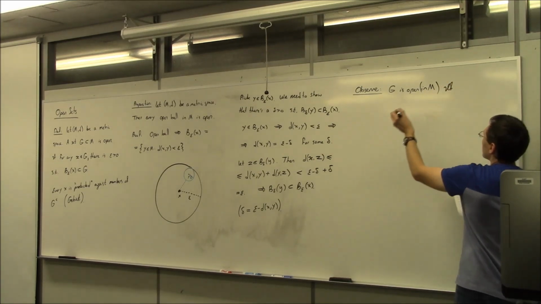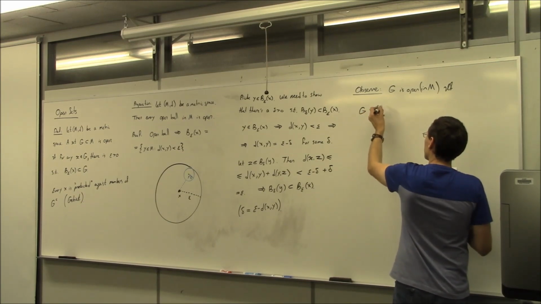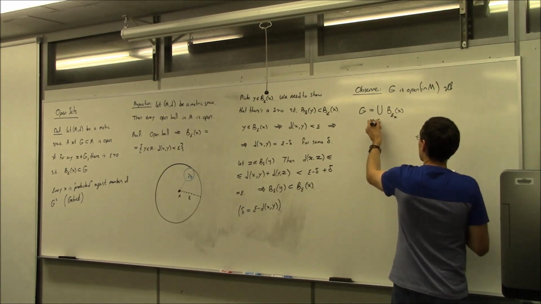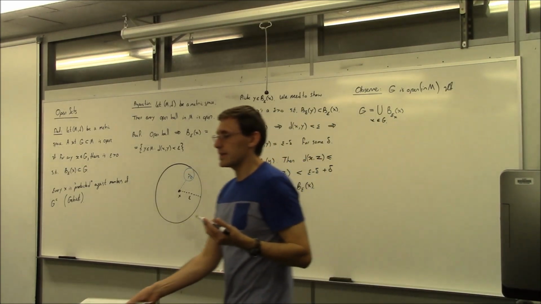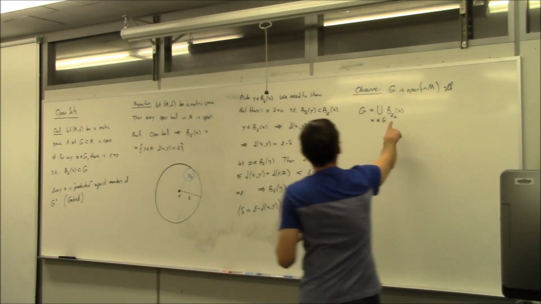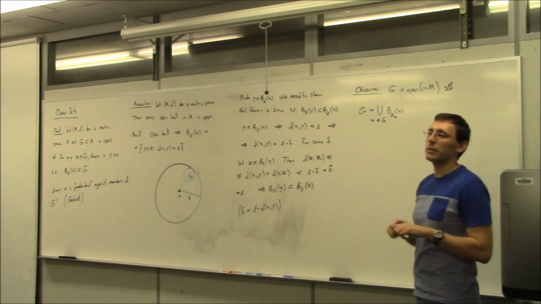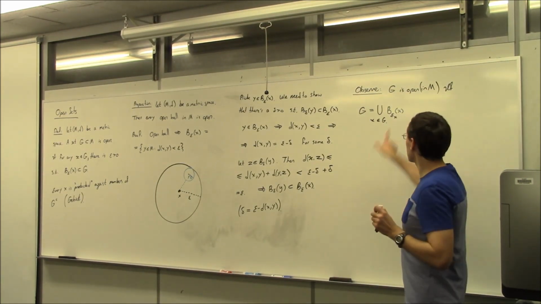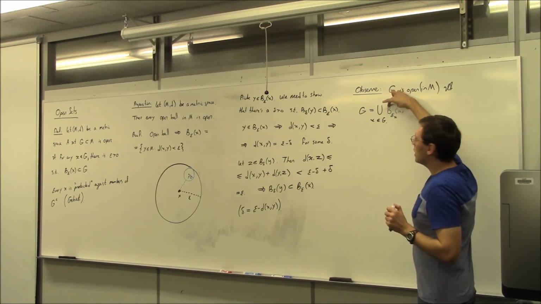If and only if G can be written as a union of balls of radius epsilon sub x around x, where x is an element in G. So what this is saying is, how do I know that the set is open? Well, I look at all the elements in the set G, each one of them, and each one of them is the center of a ball fully contained in G. Do you understand what this is saying? So automatically, if it's a union, it means each open ball is inside of G.